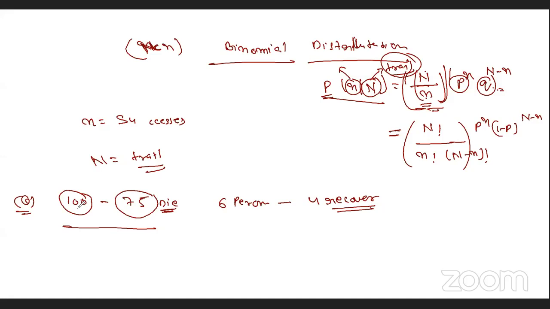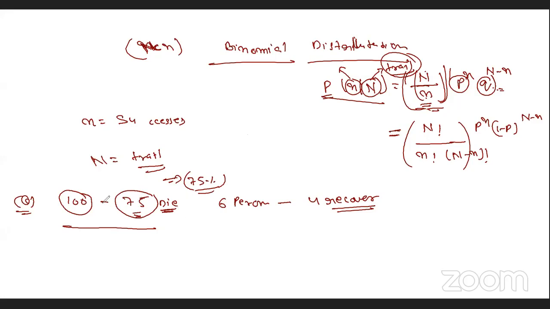For that specific disease, out of 100, 75 people die. So the rate at which people are dying is 75%. That is fine, that is true.